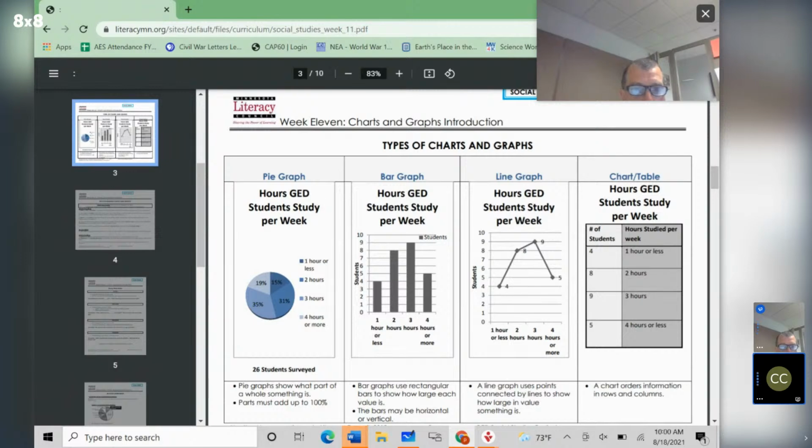And the pie graph is broken into 4 different times or amounts. So you have 4 or more hours, 3 hours, 2 hours, 1 hour or less. And this one is color coded to go with how they break the pie up. So you see 31% studied for, let me see, that looks like 2 hours. 15% were 1 hour or less, 19% were 4 hours or more, and 35% of the students were 3 hours.